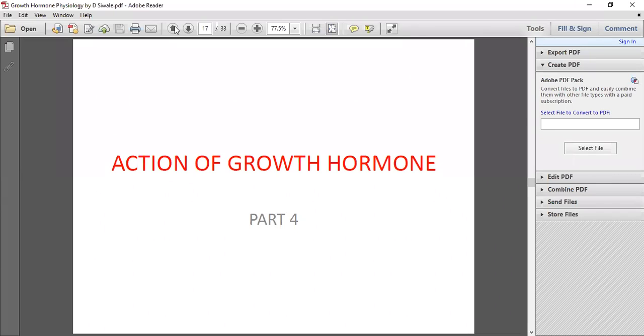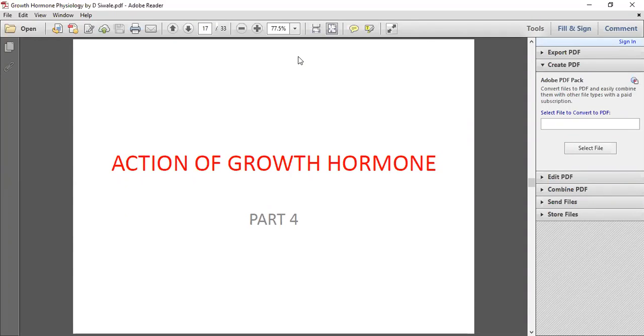I have a question, Doc. Yes. Does it mean that the growth hormone is preformed in the somatotropes and just secreted? Oh yes. It is actually stored in vesicles, waiting for an appropriate stimulant.